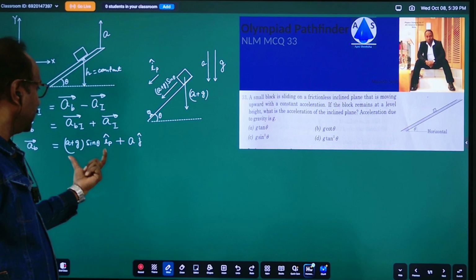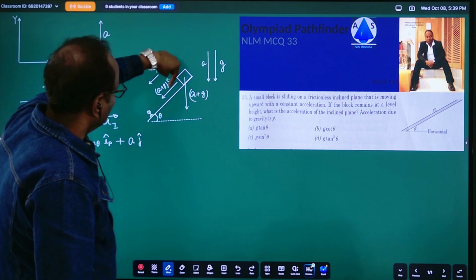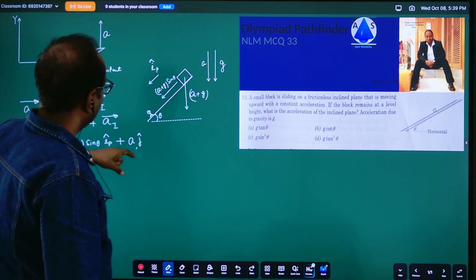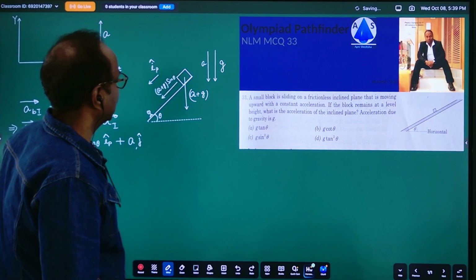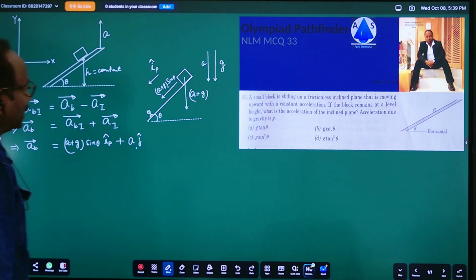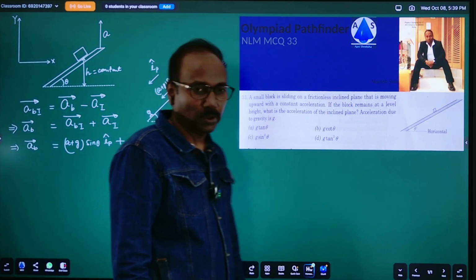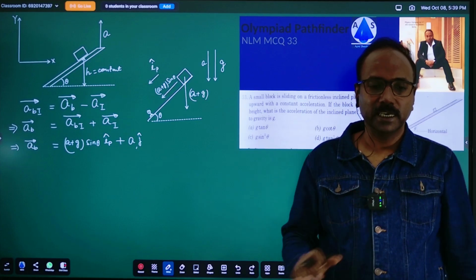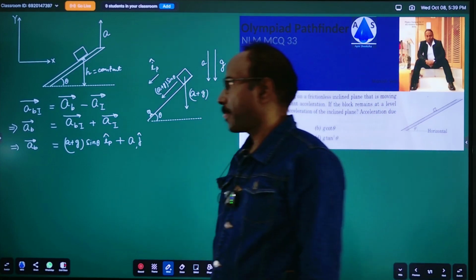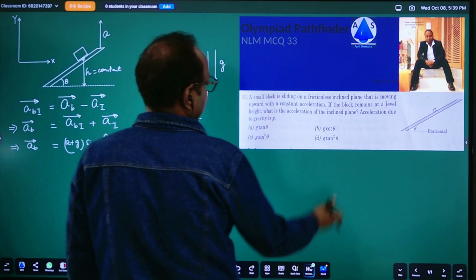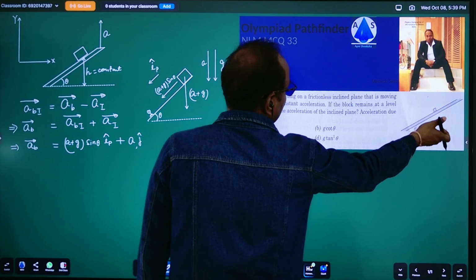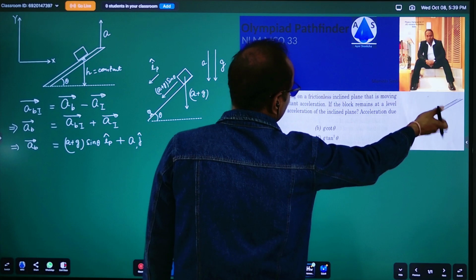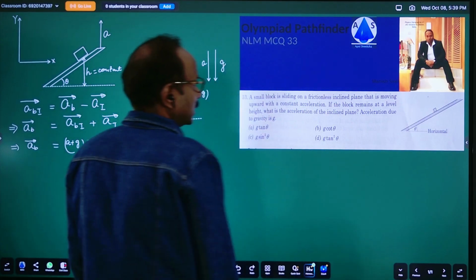This vector is along this direction. This vector is in the y direction, and our interest is to know all the acceleration or all the motion in the y and x directions, because they say that the y coordinate is not changing. H is not changing, meaning the y coordinate is not changing.